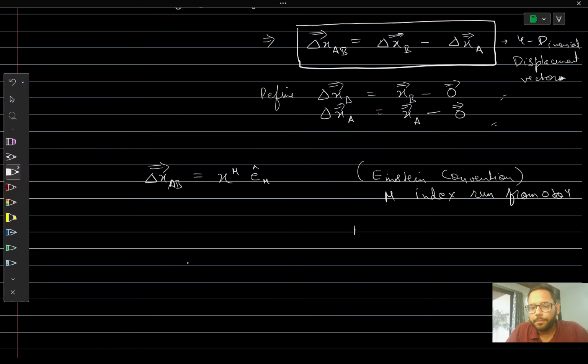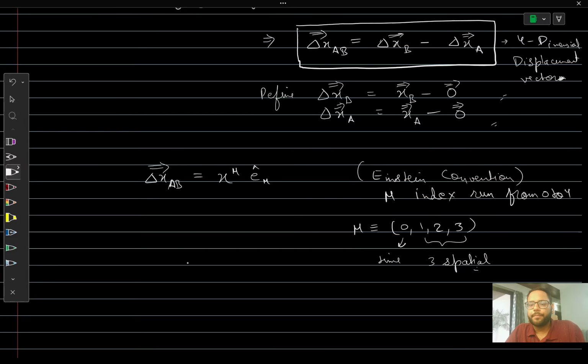This is my time component, and these are 3 spatial numbers.